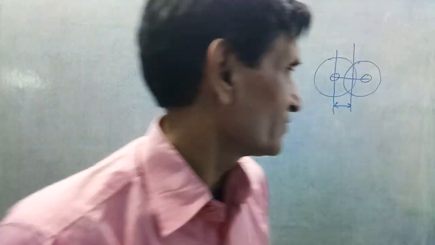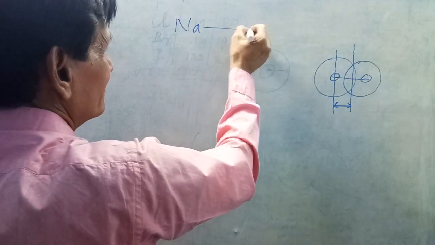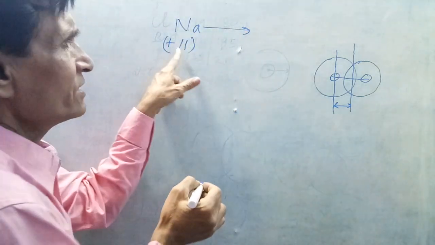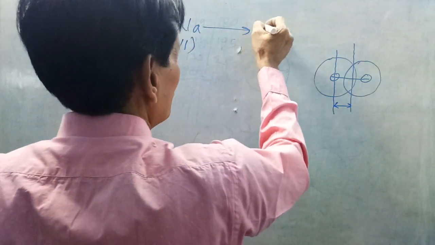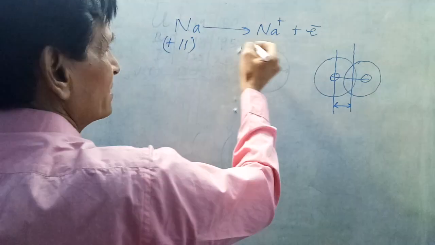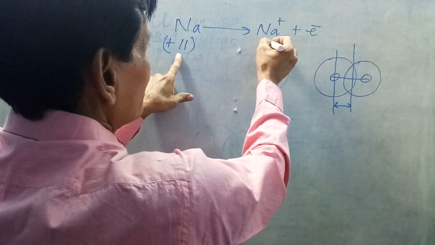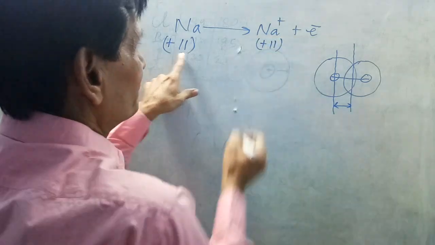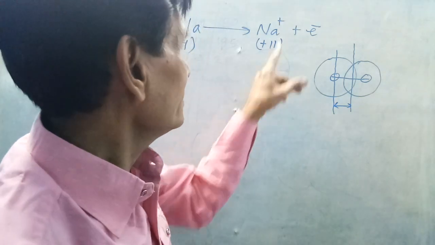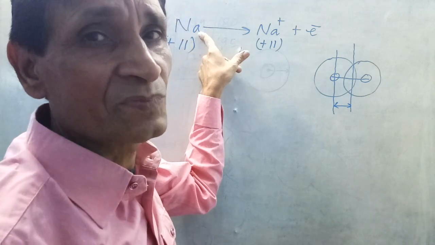One example, in a sodium atom, there are 11 protons, nuclear charge is plus 11. When it loses one electron, it will form Na plus. Nuclear charge is plus 11, same, but the number of electrons in Na plus is 10 and in Na 11.